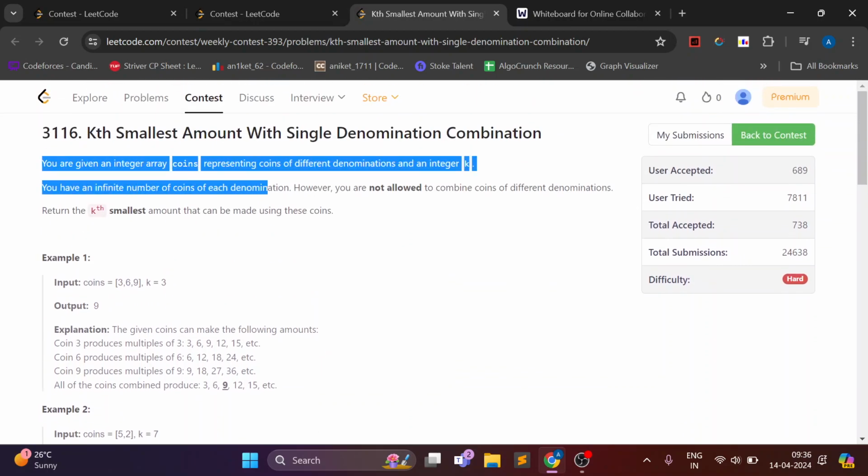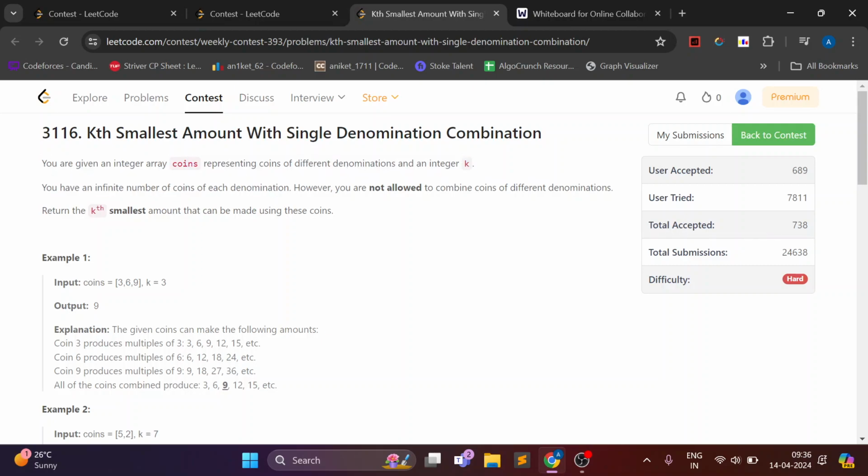In this question we are given an array representing coins and an integer k, and we have an infinite number of coins of each denomination. However, you are not allowed to combine coins of different denominations, and we have to return the kth smallest amount.